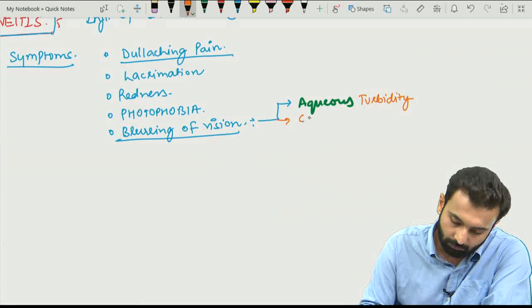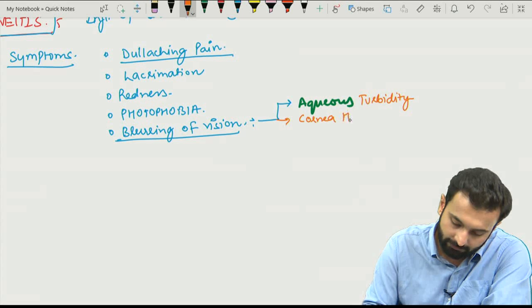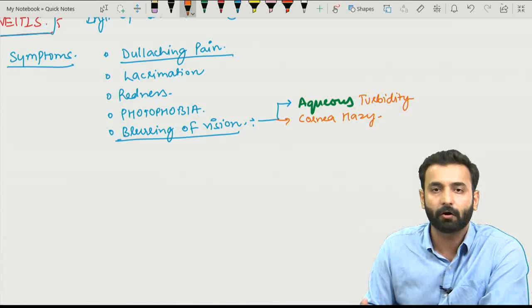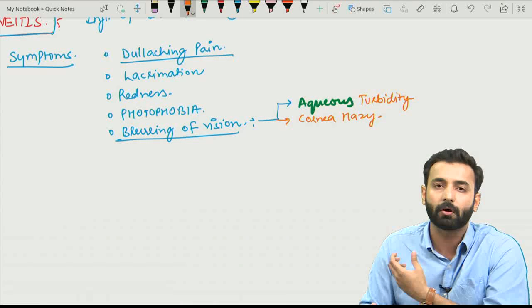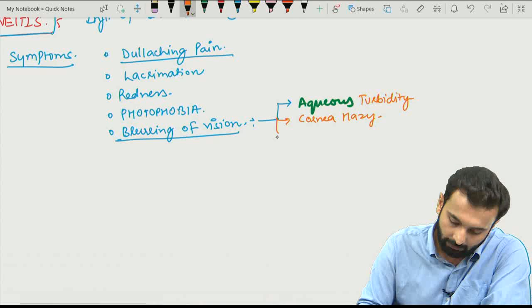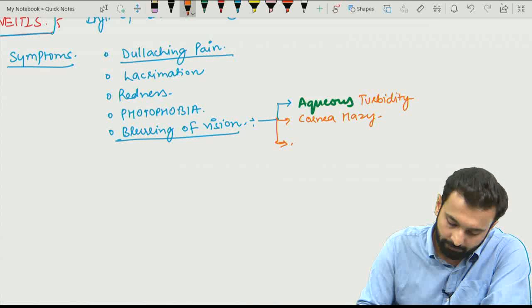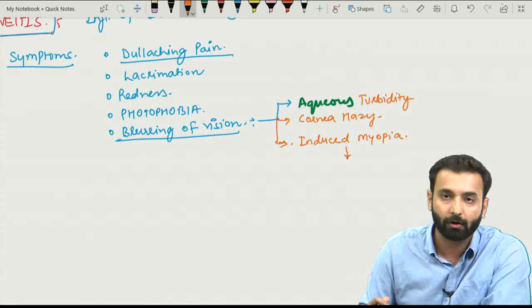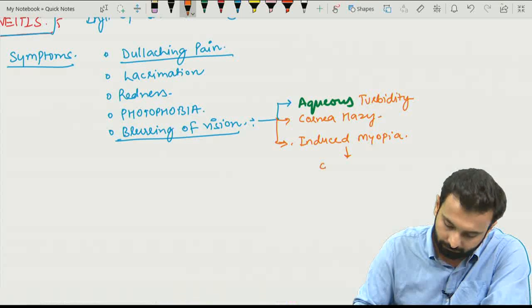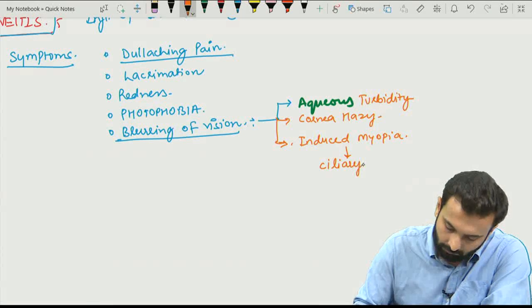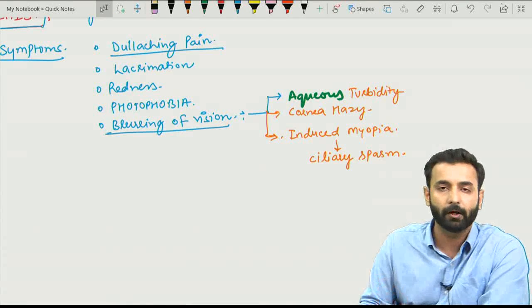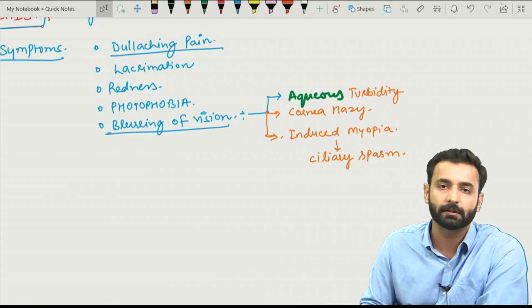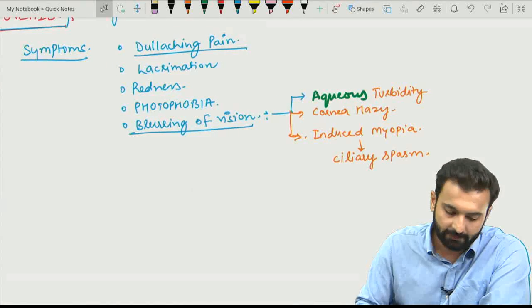It can be due to a hazy cornea, because of the action of toxins or raised intraocular pressure. And blurring of vision will be due to induced myopia. Why is there induced myopia? Because of ciliary spasm. Because of ciliary spasm, the patient will have induced myopia, which will induce blurring of vision. Right? So these are the symptoms.